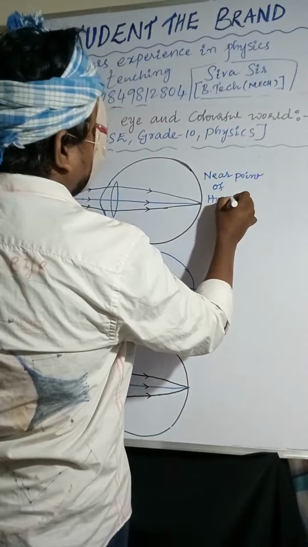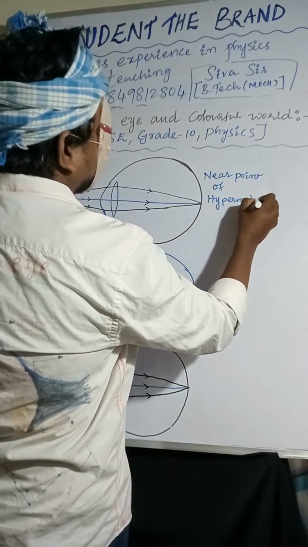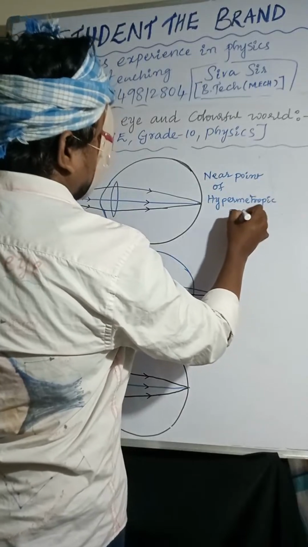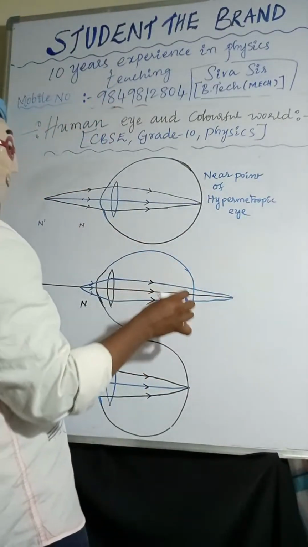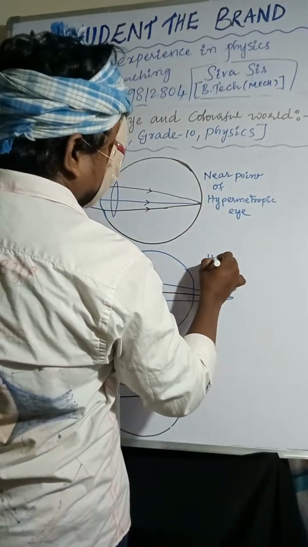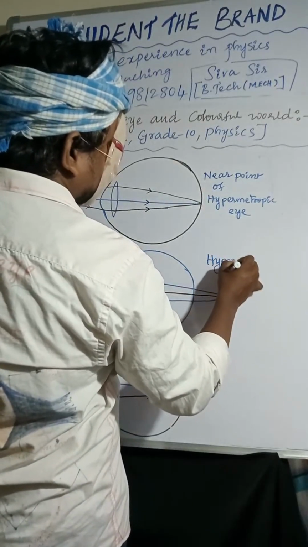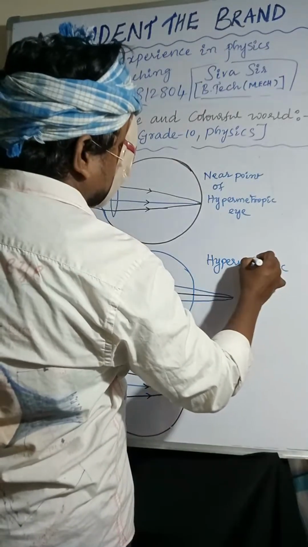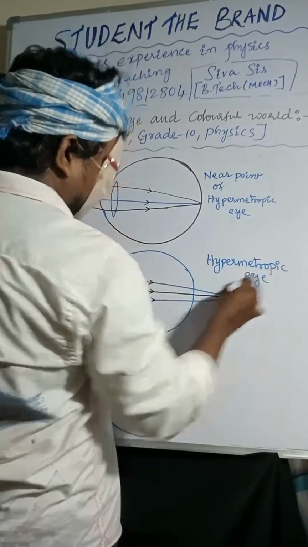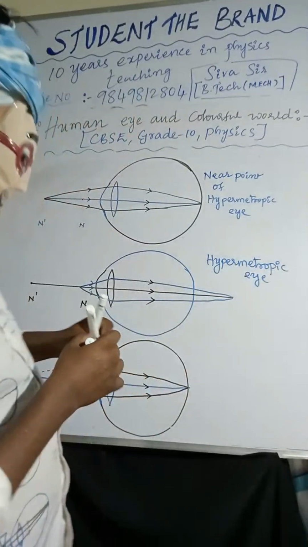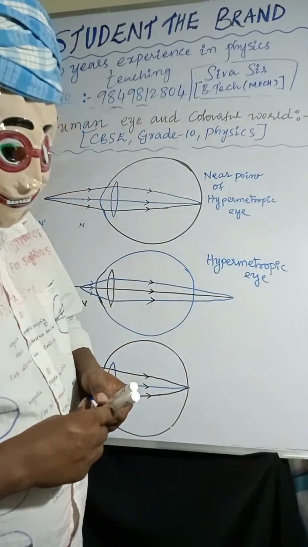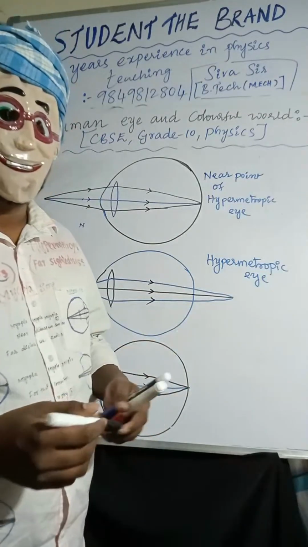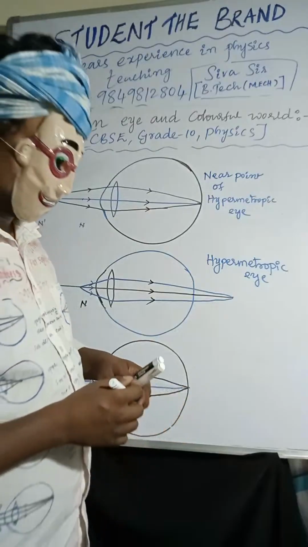So this is the near point of the hypermetropic eye. This is about correction of the hypermetropic eye.